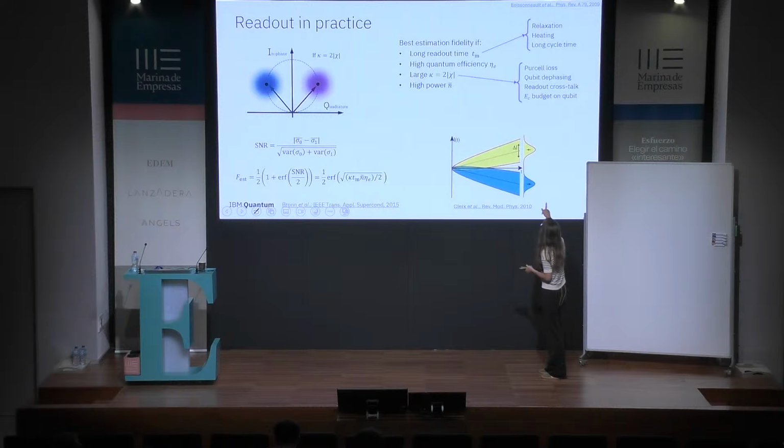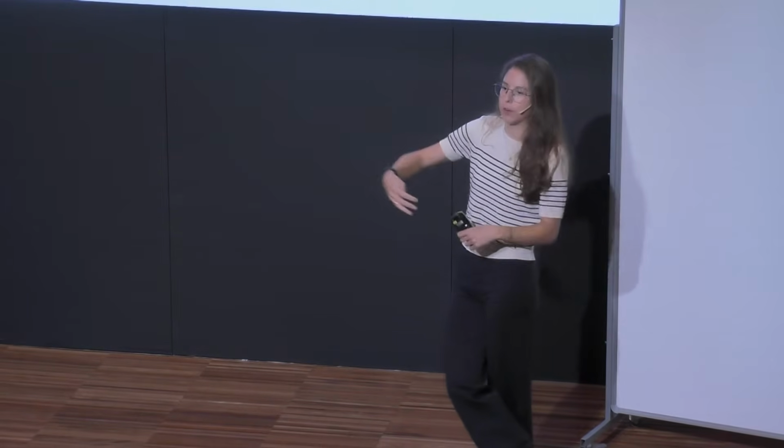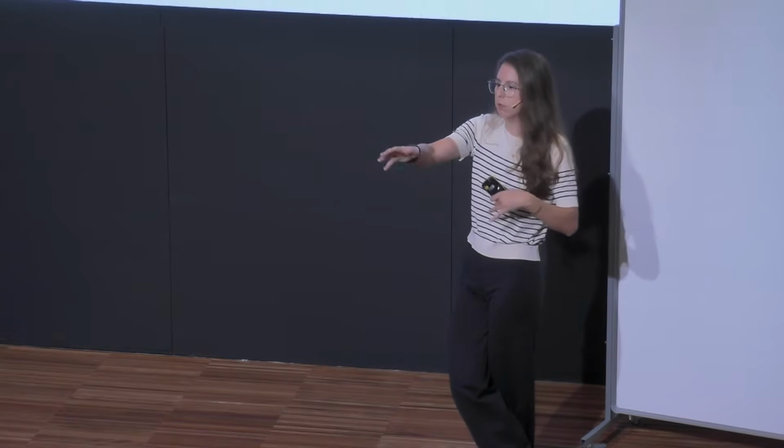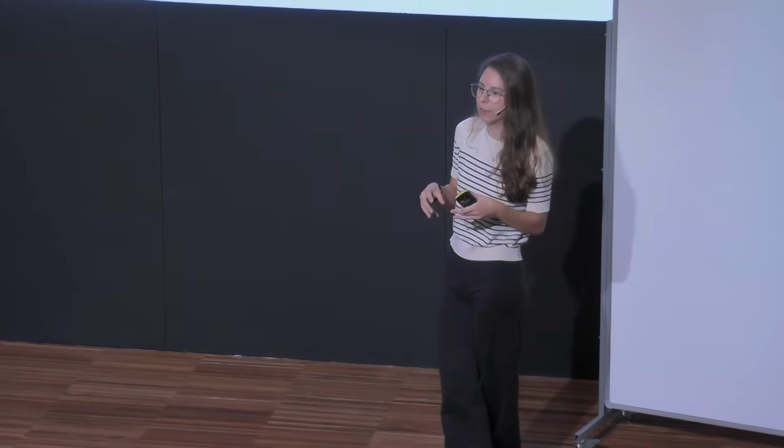And finally, the budget on the qubit is again related to the capacitances. Chi was determined by the coupling capacitance between qubit and resonator. Normally, if you are doing this in a processor where you have a bunch of other qubits and want to couple to them, especially if you have high connectivity, your qubit also has a bunch of other capacitances coming to it that go to another qubit or whatever. All of these add up together, so the total capacitance of the qubit can quickly increase.